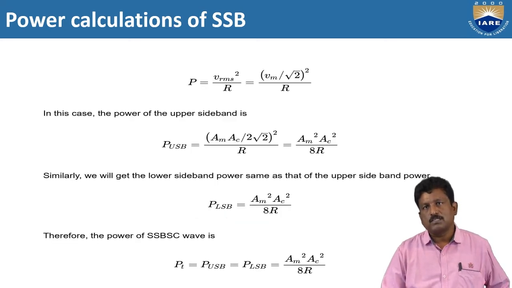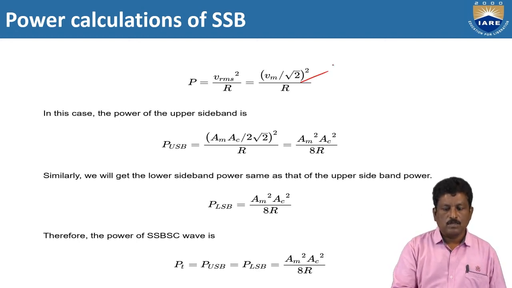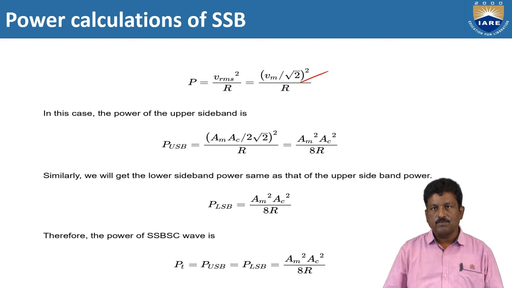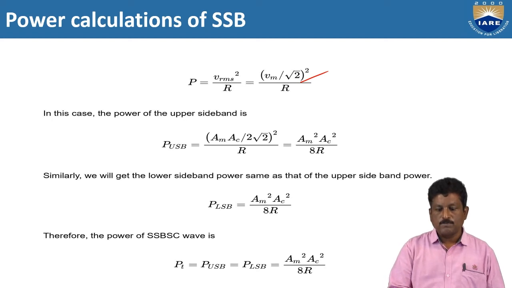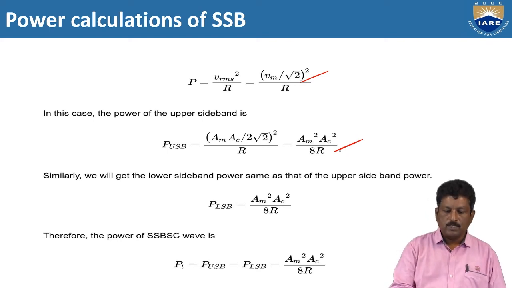So here you know that already, for the purpose of the calculation of the power, P equal to VRMS square by R, where VRMS equal to Vm by root 2. So you will get this one. Overall, already you have discussed in case of the DSB wave for both cases of the upper sideband and lower sideband. So you are getting AM square AC square by 8R for the case of the USB.